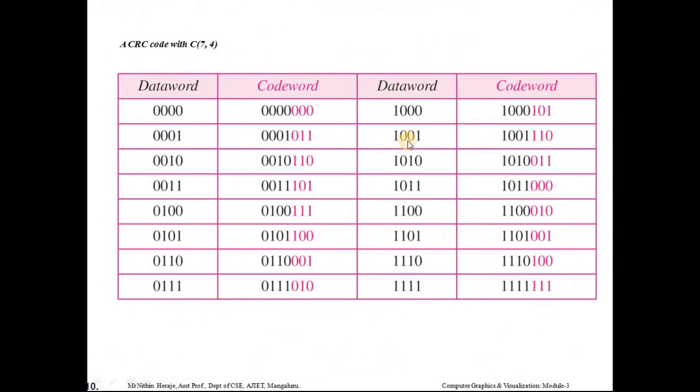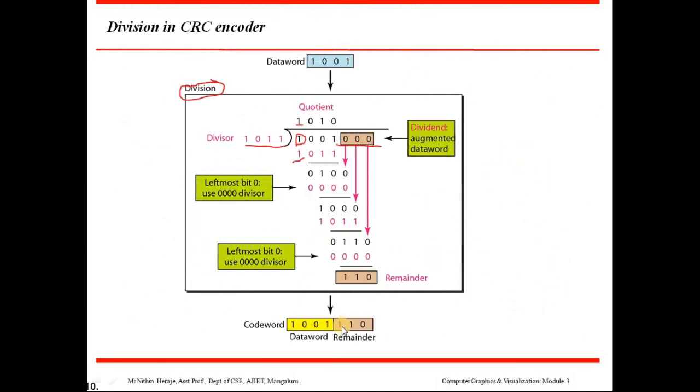In this given table, we have the data word as 1 0 0 1, and the remainder is 1 1 0, and this becomes the code word. So just a verification.